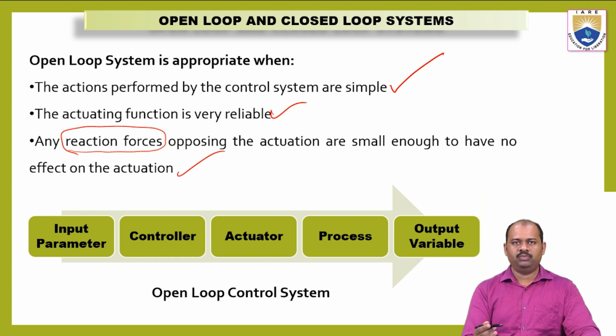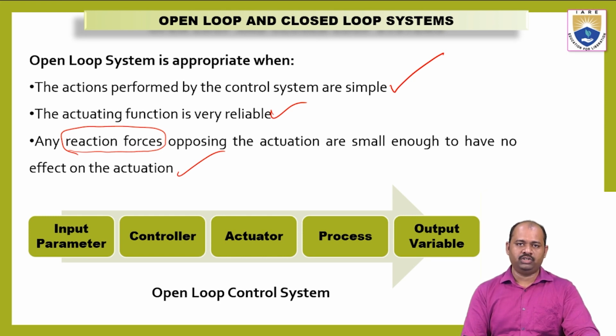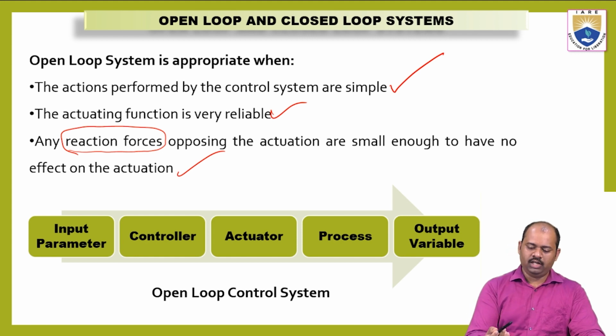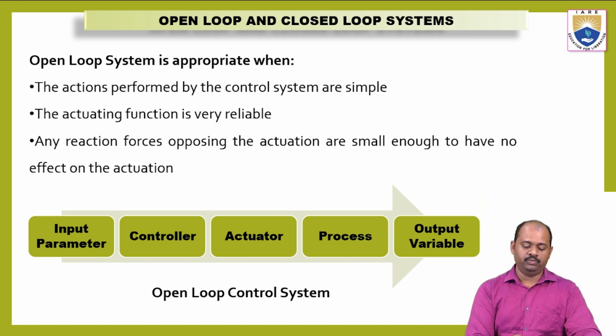If there is no possibility of obstacles, then we can go for an open loop system. If I have a very simple system that does not have any obstacles for smooth operation, then we can go for open loop. If there are no reactive forces opposing the machine, then it is very reliable to use an open loop system.